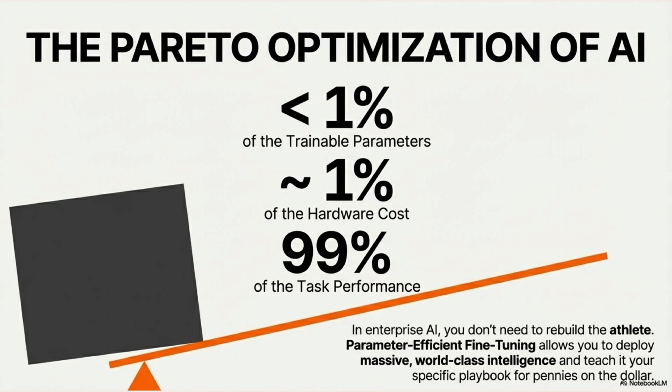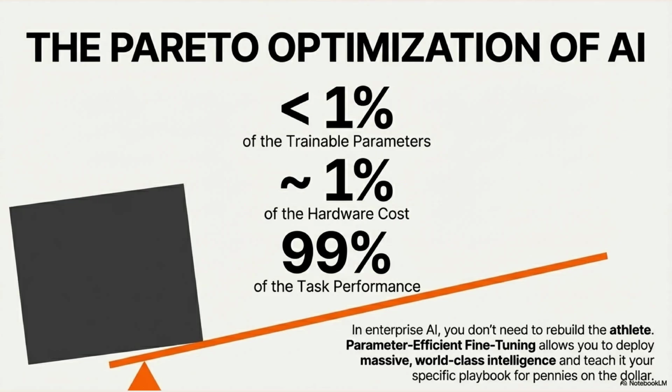The enormous gray block represents the massive weight of traditional full fine-tuning, the capital cost, the hardware requirements, the time investment, and it's balanced against a single orange triangle pivot point, parameter-efficient fine-tuning. 3 numbers define the breakthrough: less than 1% of the trainable parameters, approximately 1% of the hardware cost, and 99% of the task performance. Read that ratio clearly.